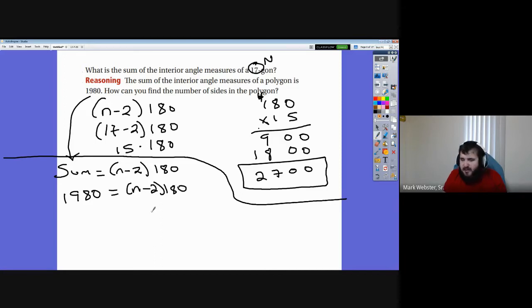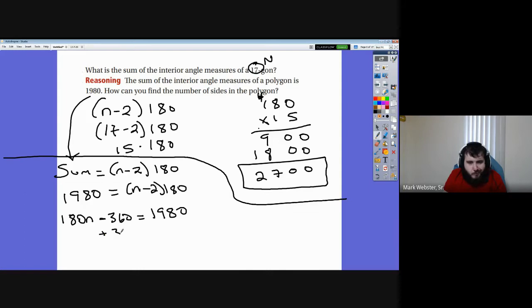So there's a couple different ways to do this. You can either divide by 180 first, or distribute and then solve. I'm going to distribute because it doesn't matter. And I'm going to flip this around. 180n minus 2 times 180 is 360 equals 1,980.